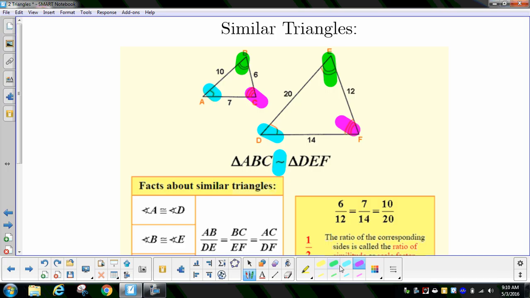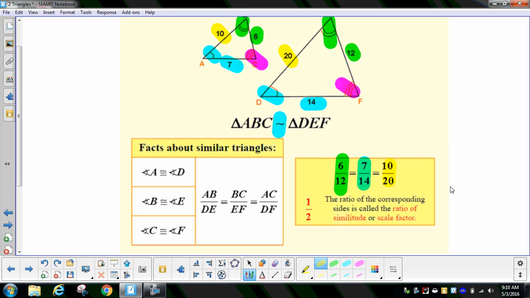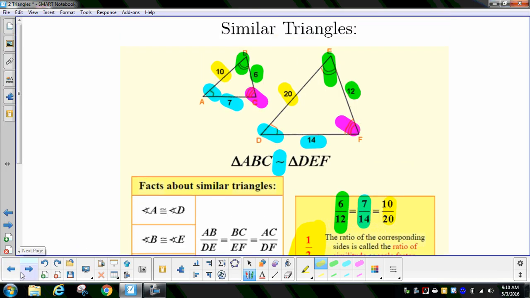So I go to the corresponding sides, like 6 and 12, and I can write a fraction. 7 and 14, I can write a fraction. 10 and 20, I write a fraction. If the two triangles are similar, like they are in this picture, then all three of these fractions should simplify to be the same thing, and they do. They simplify to be 1/2.